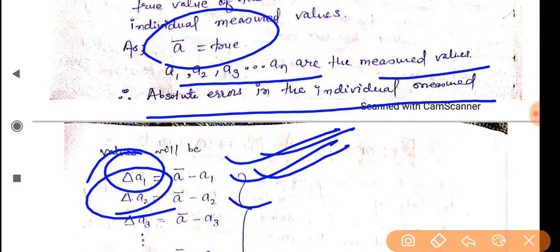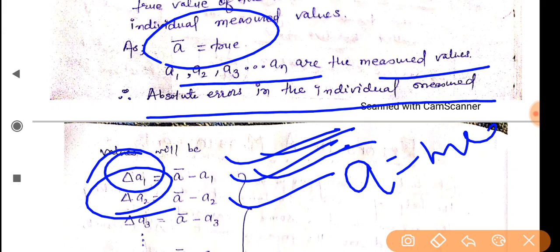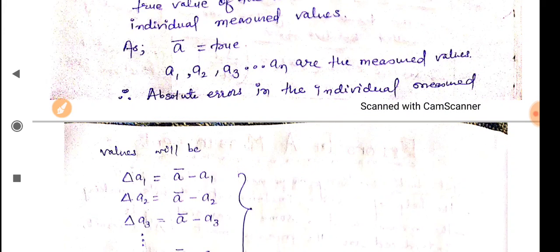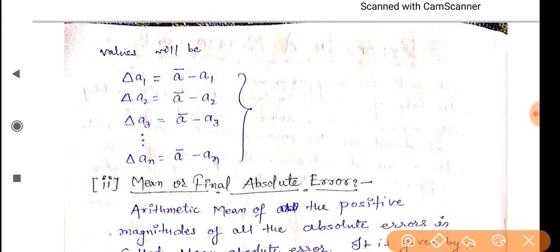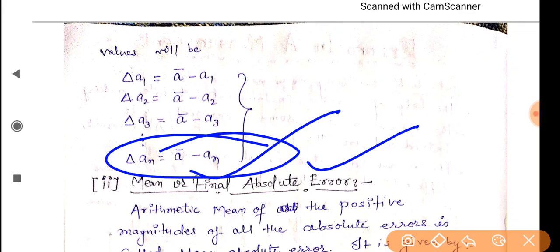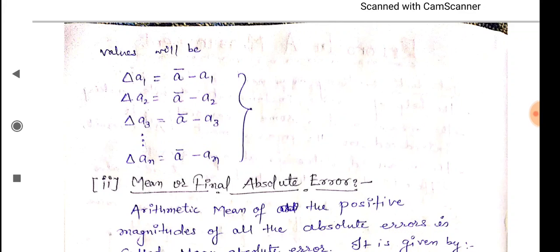The second absolute error is a bar minus a2, where a bar is equal to the mean of all the observations. In this way, delta an equals a bar minus an. So the absolute error in the last observation, delta an, equals a bar, that means mean value, minus the nth observation.